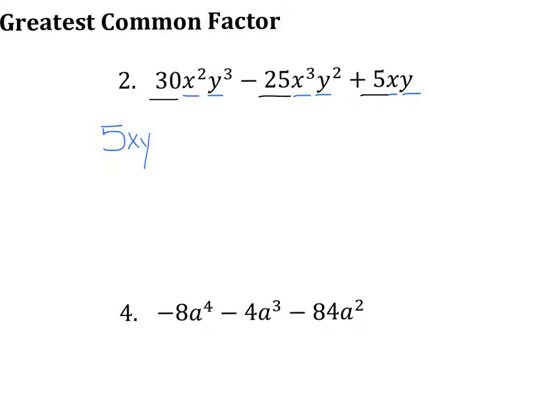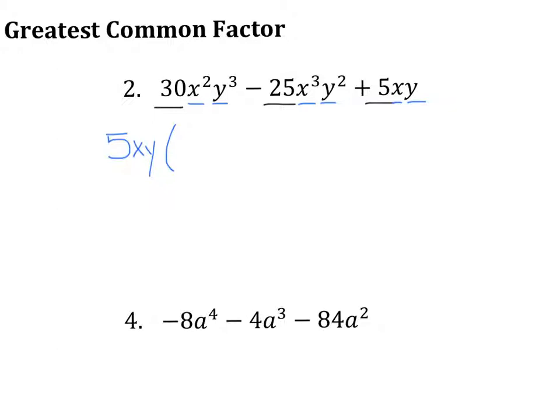So now I'm going to rewrite the expression, dividing out each number by 5 and removing an X and a Y from each term. So dividing each number by 5, I get 6, remove an X, remove a Y. Negative 25 divided by 5 is negative 5.